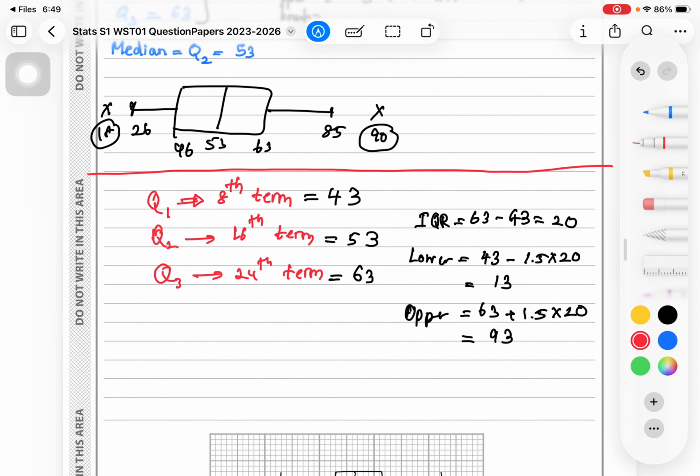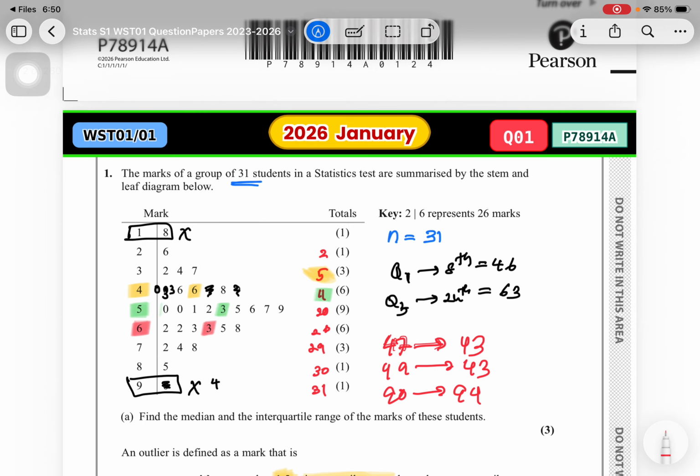Okay, so now if I draw this box plot, I can quickly see a rough sketch of it. It's going to be 43, 53 and 63. This will be 13 and this will be 93. Now according to this, let's see what are the outliers. When you think about the 18, the 18 is not an outlier now, because the lower boundary is now 13.